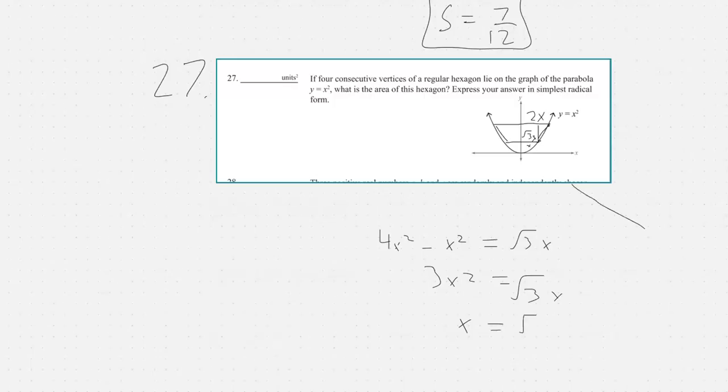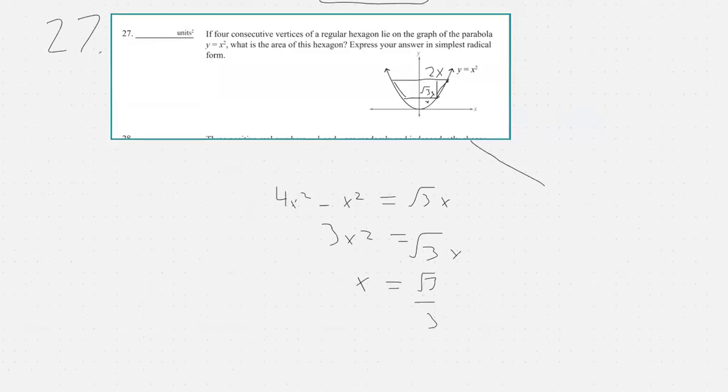You have root 3 over 3, and then the area, you know the side length is 2 root 3 over 3. And then the hexagon area is 3 root 3 over 2 of the side length squared. The side length squared is 4 over 3.